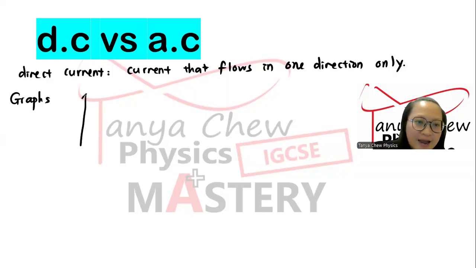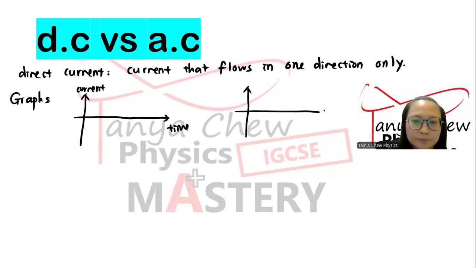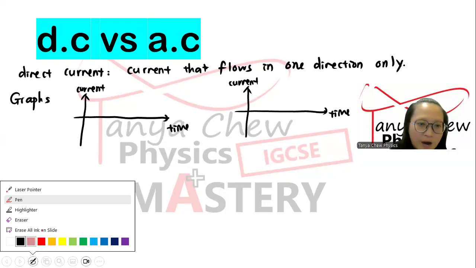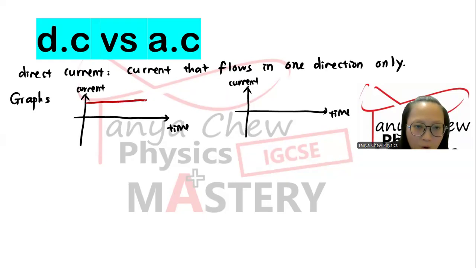You can see that this is current, this is time. So the graph could be all the currents are positive or all the currents are negative. This is called DC, direct current.